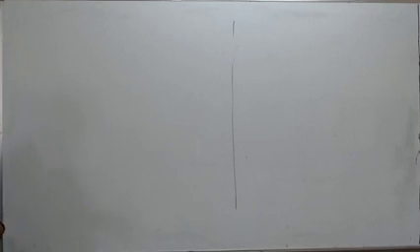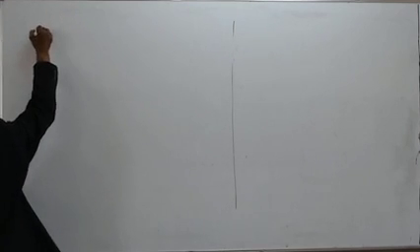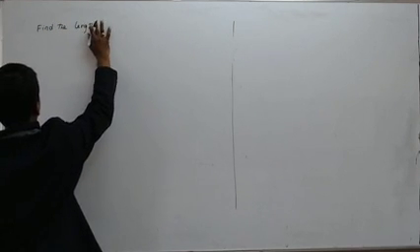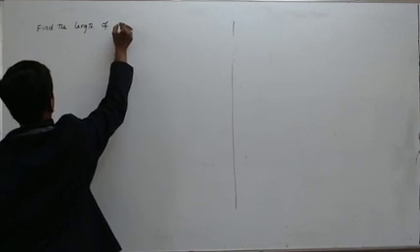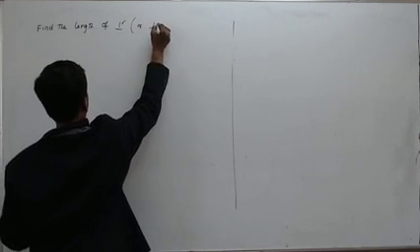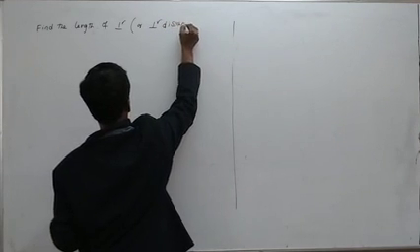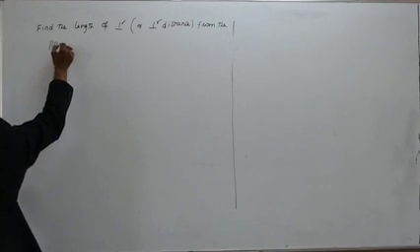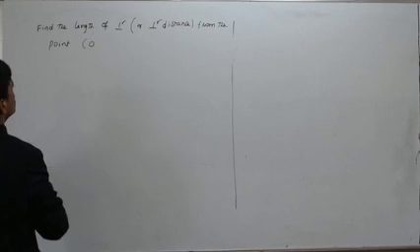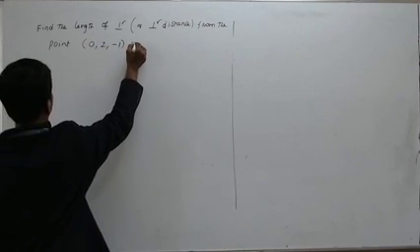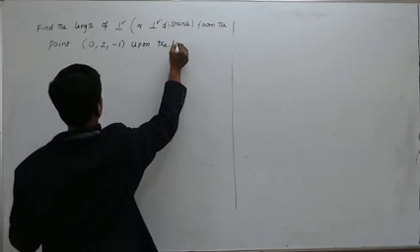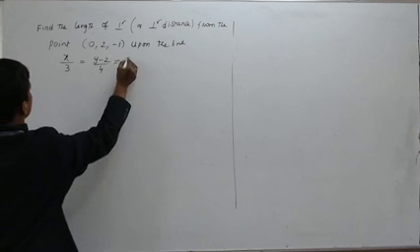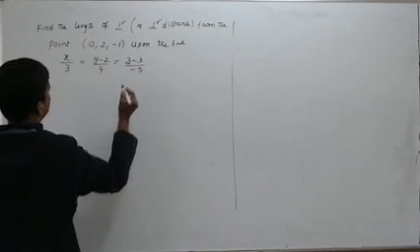So next problem. Find the length of the perpendicular, or perpendicular distance, from the point 0, 2, minus 1 upon the line x by 3, y minus 2 by 4, z minus 3 by minus 5.